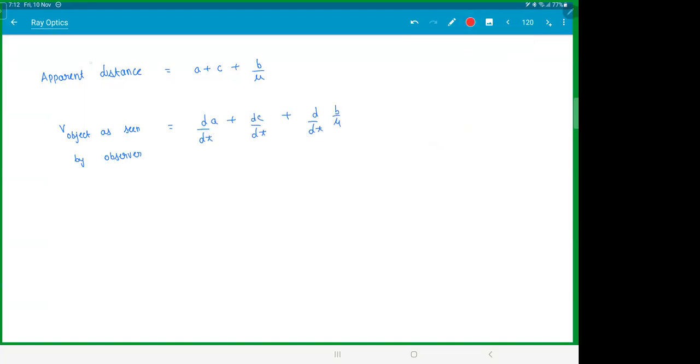Reason? What is apparent distance? This is the distance of the object as seen by observer. So if you differentiate that, you'll get the velocity as seen by the observer. Luckily, in this case, even if you take shift and differentiate, you'll get the same answer.